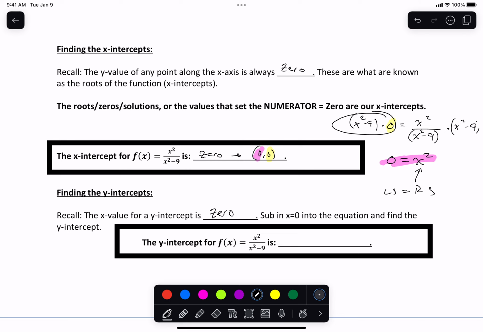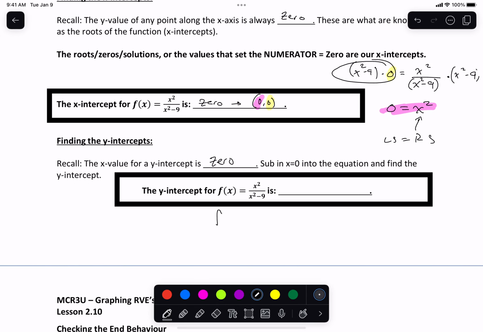Okay, so put in 0 for x and see what you get for y. Remember, that just means I'm evaluating the function at 0. Sometimes they'll give you a number other than 0, sometimes it won't. Doesn't change what you're doing, right?